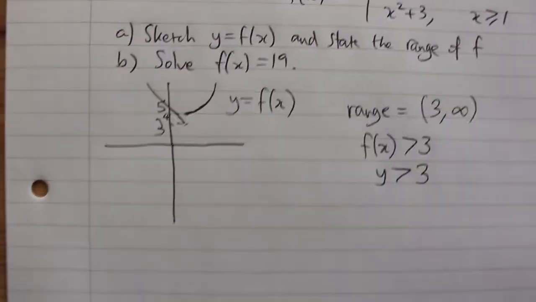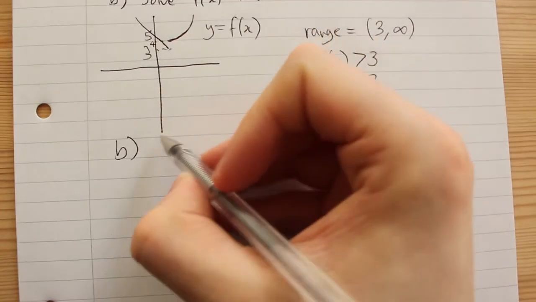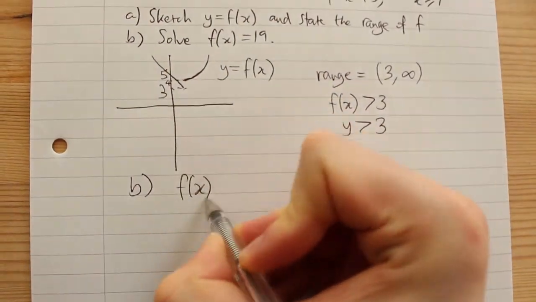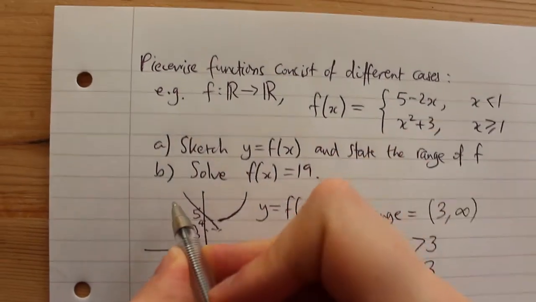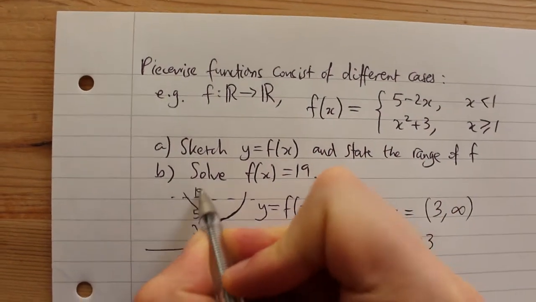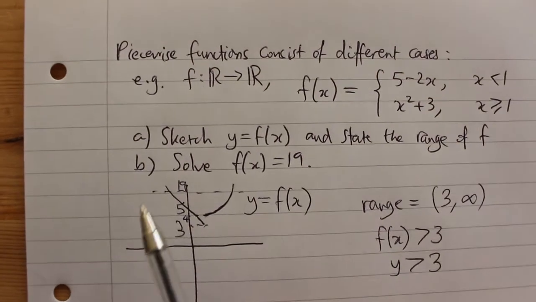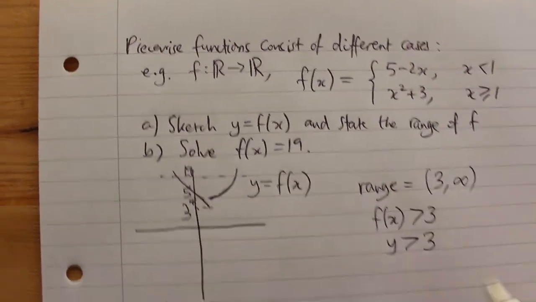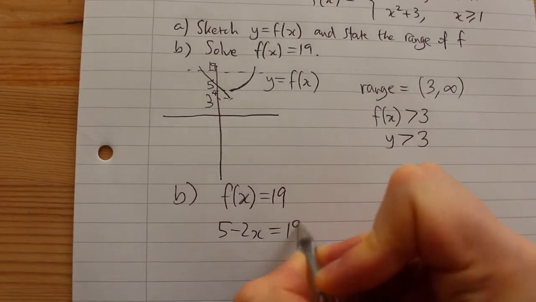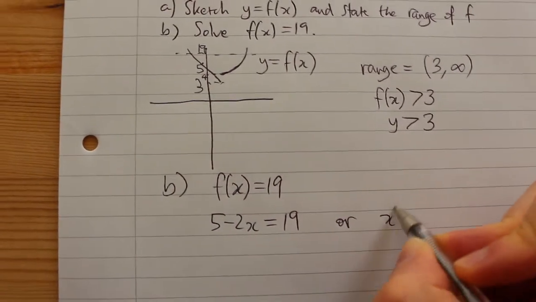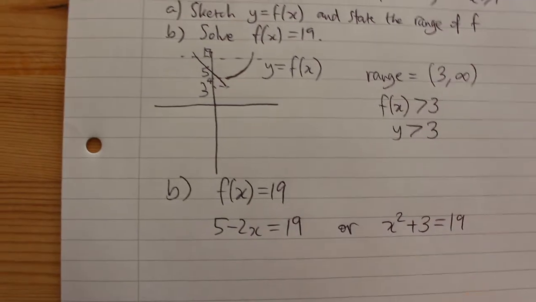And then part B, solve f of x equals 19. Well, if you think about this graph, there are two different ways it could be equal to 19. There are 2 points of intersection with the two different parts of the graph. So either the line, 5 minus 2x, could be 19, or we could have x squared plus 3 is 19.